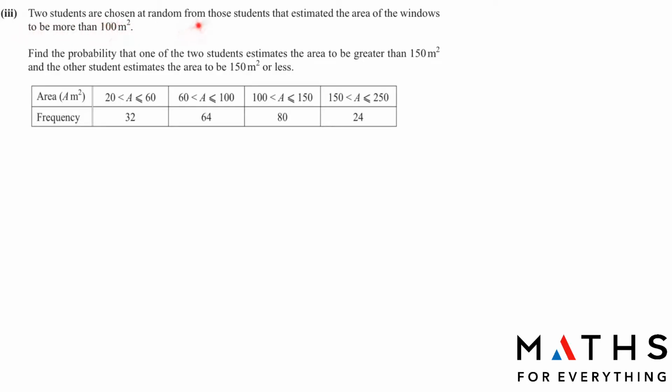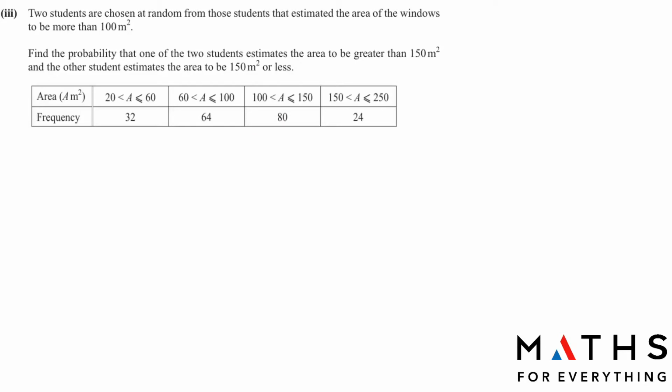Two students are chosen at random from those students that estimated the area of the windows to be more than 100 square meters. So more than 100 is this part we are looking at, and find the probability that one of the students estimates the area to be greater than 150, and the other student estimates the area to be 150 square or less.